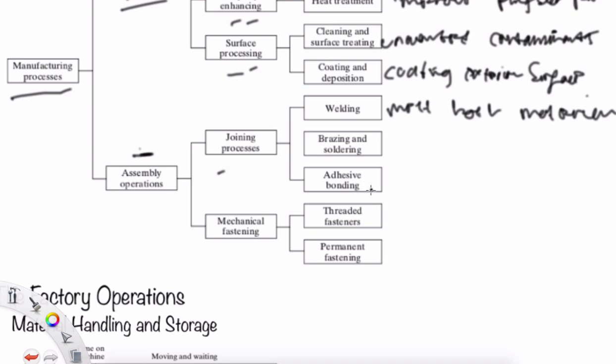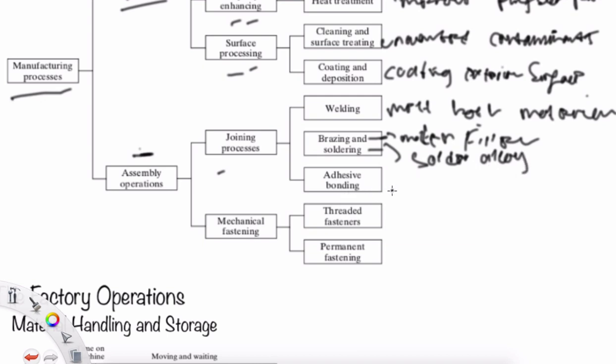Brazing means joining two pieces of material together with a third molten filler metal, using the molten filler to join the two parts. And soldering here is the process of joining two metals by the use of solder alloy.